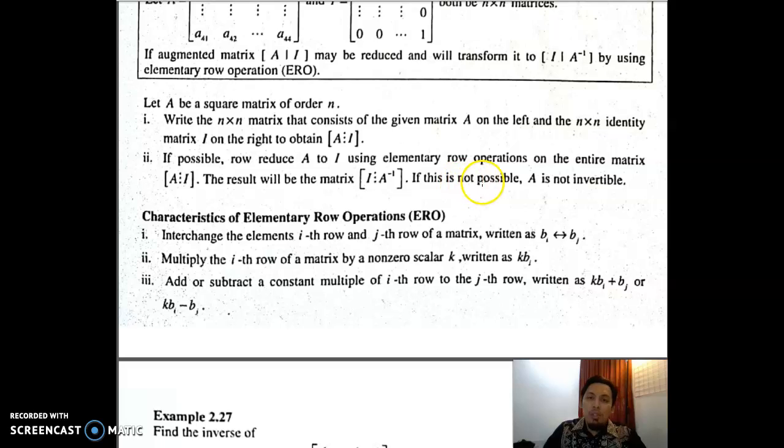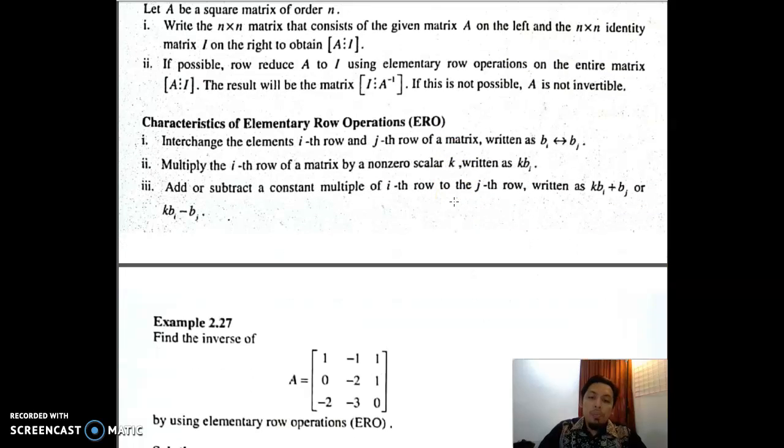If this is not possible, A is not invertible. So basically there's also a tendency that our matrix can't be inverted. So as I said before, to avoid that, it is a good practice to check the determinant of each of your matrices first. Make sure that it is not equal to 0, so we know that it is invertible.